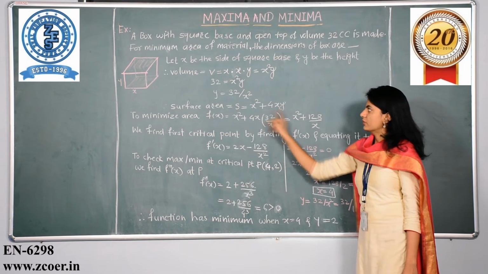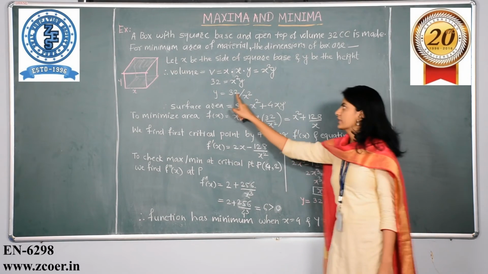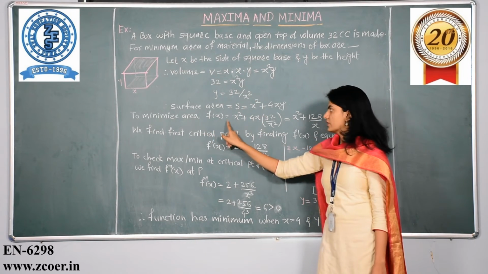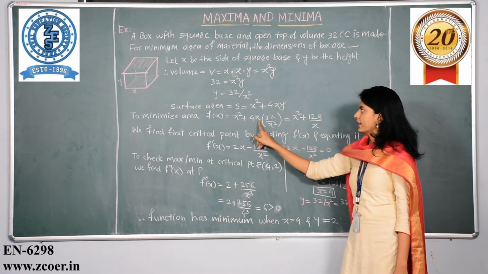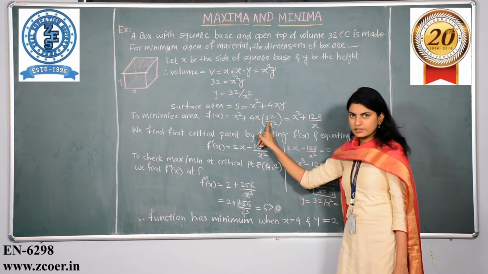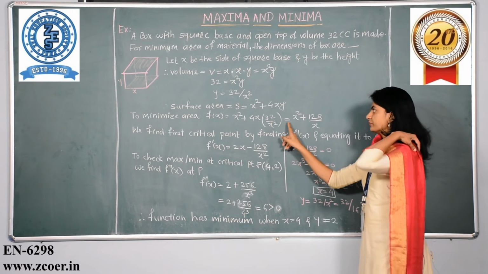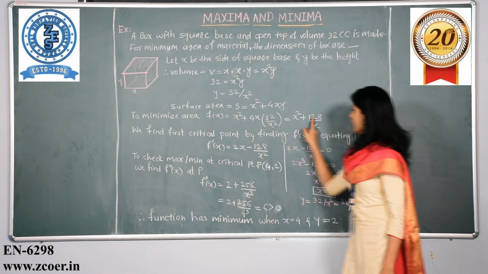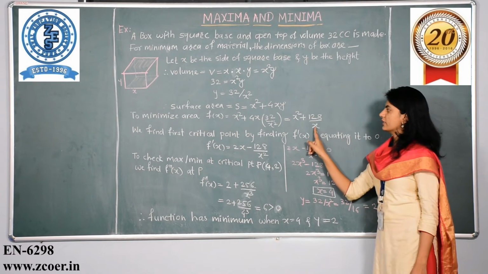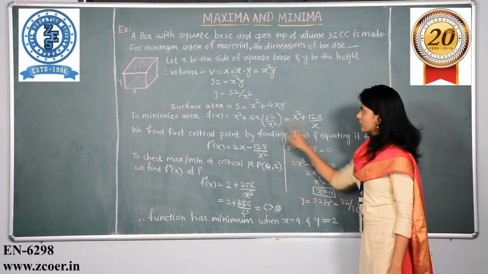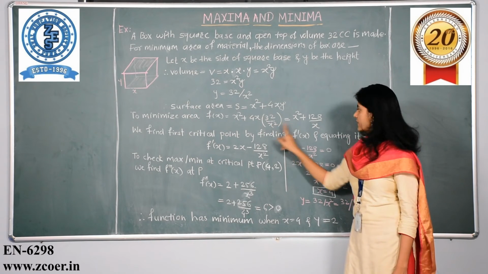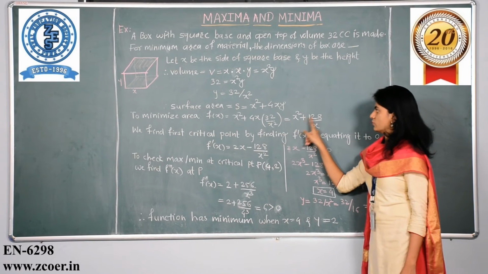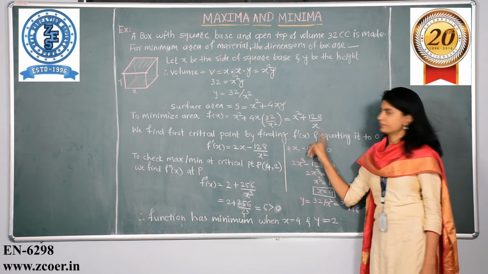In this equation we can put the value of y as 32 by x square. Putting this value, I got the function f of x which is equal to x square plus 4x, where instead of y I have replaced it with 32 by x square. So it is x square plus, 4 into 32 becomes 128 divided by x square, but with x and x square, it will remain as x. So f of x is equal to x square plus 128 divided by x.